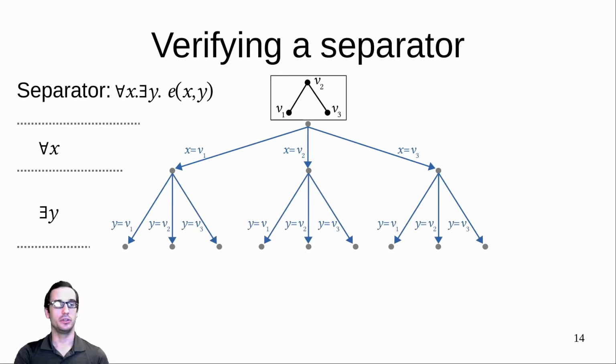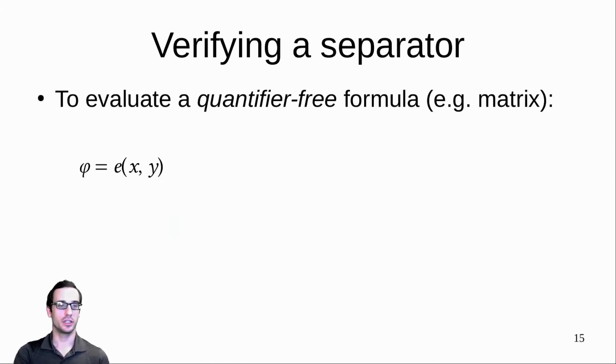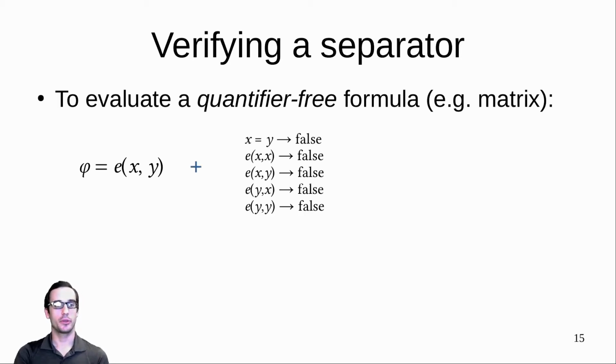And now at a particular point, we want to look at what the value of the matrix phi is and compute its value. So we're going to do this in a slightly roundabout way. So we're given a matrix phi, we want to first compute all of the atomic formulas that are valid with the variables that we have, and we're going to map those to truth values.